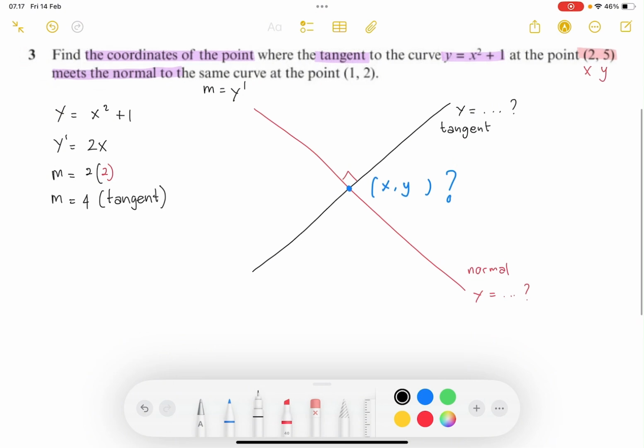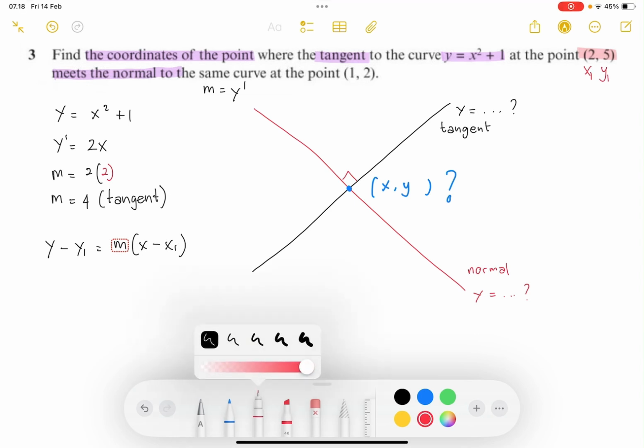We just need to substitute the values into y minus y1 equals m times (x minus x1). x1 is 2, y1 is 5. Then substitute: y minus 5 equals 4 times (x minus 2).